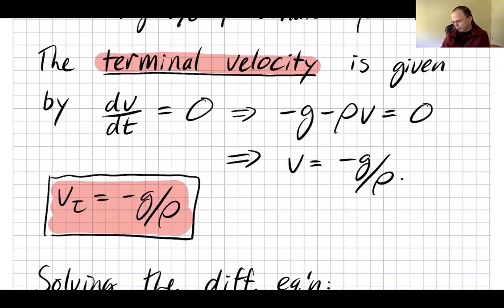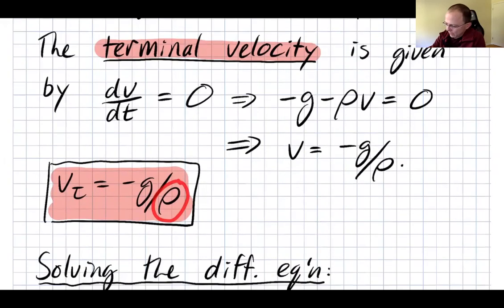So this is a really nice formula. What it tells us is if we're able to determine what our terminal velocity is, of course we know what g is. So that's 9.8 or 32, depending on your units. That will allow us to calculate what rho is. So I might as well write this in here.